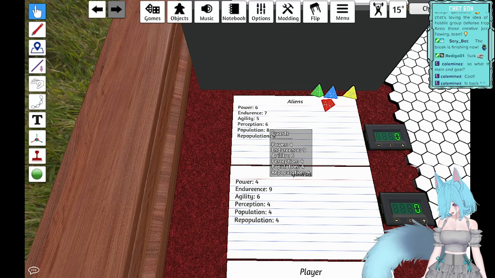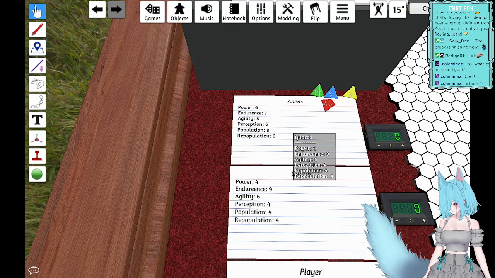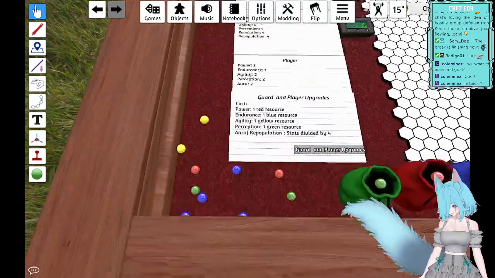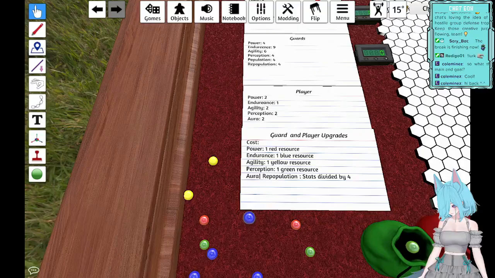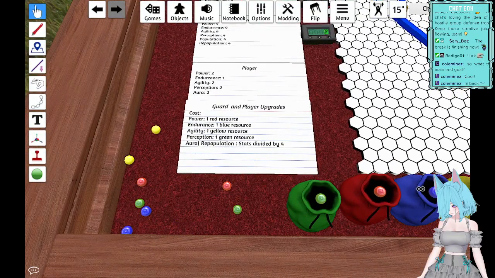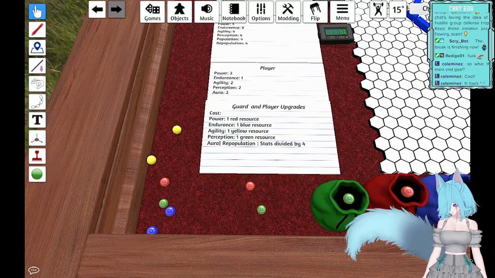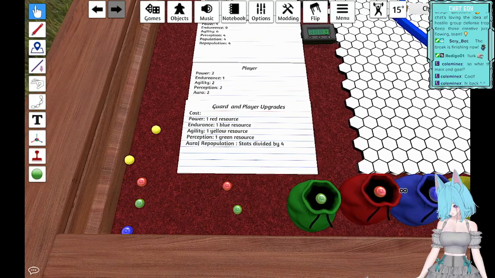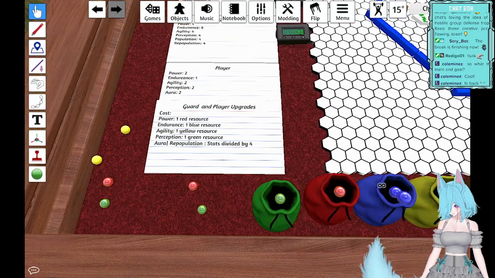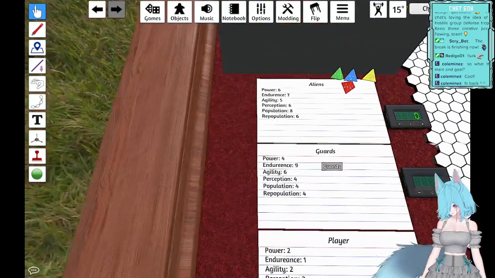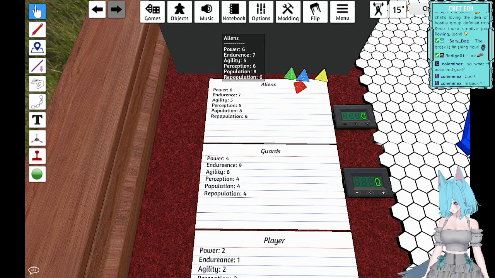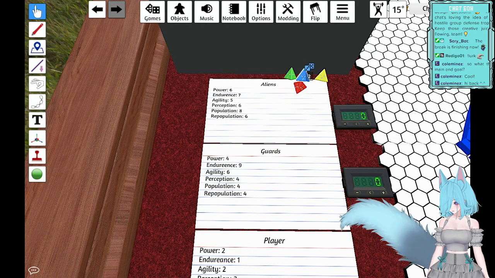So, right now, we kill 4 aliens. And also, 2 guards die.